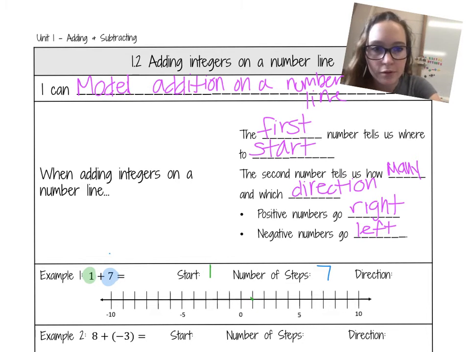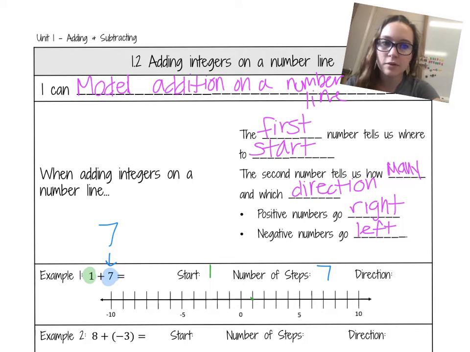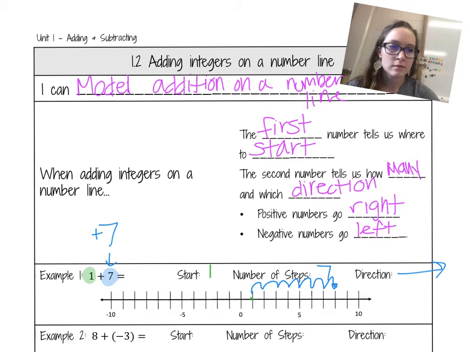And remember that in front of every positive number, if it doesn't have a sign, there's an invisible plus sign. So it's a positive number, so it's going to go to the right. Okay, so from 1, I'm going to go 1, 2, 3, 4, 5, 6, 7 steps.